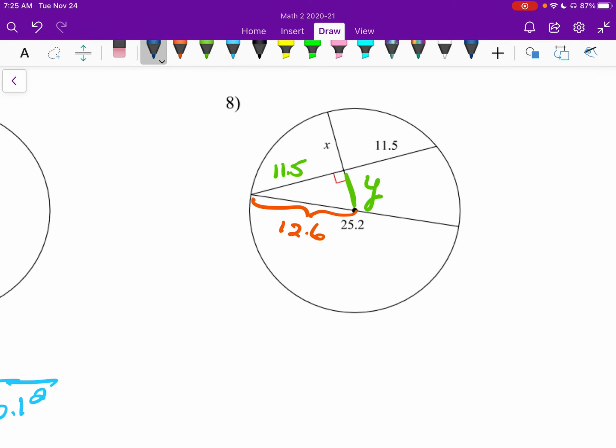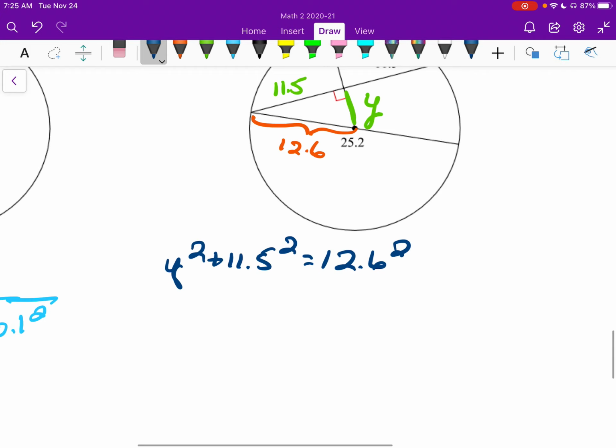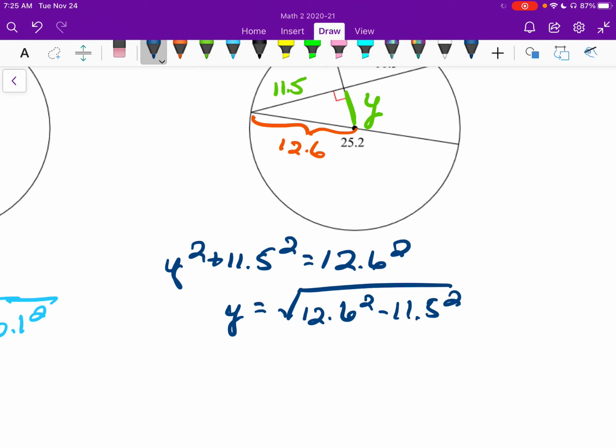So using the Pythagorean theorem, y squared plus 11.5 squared is 12.6 squared. So y is the square root of 12.6 squared minus 11.5 squared. I type that all in my calculator, and that gives me y equals 5.1.